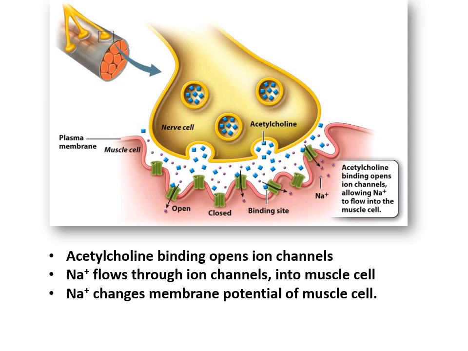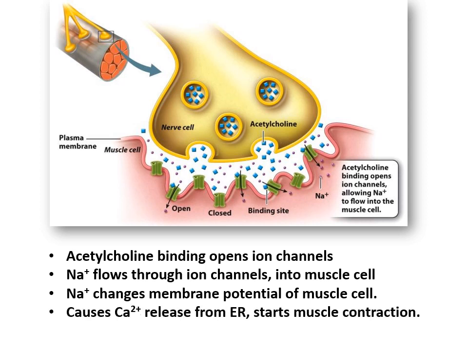And he talked about that a little bit in the video at the end of our video 3. It's that change in potential that causes the calcium release from the endoplasmic reticulum, and that starts muscle contraction. So there's how we get the calcium. The sodium triggers the release of calcium from the endoplasmic reticulum, and actually we call that the sarcoplasmic reticulum in the muscles. It's a specialized version of the endoplasmic reticulum which stores calcium.